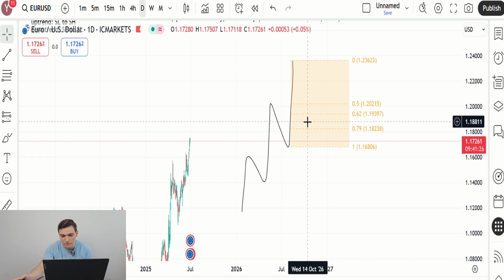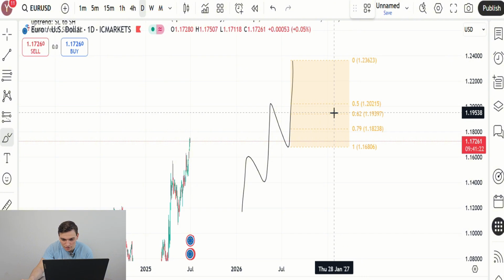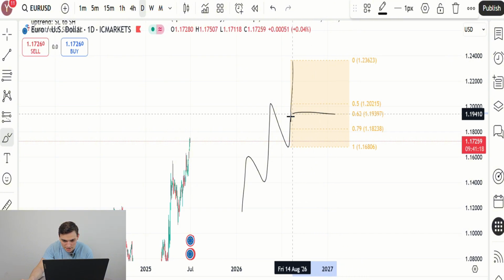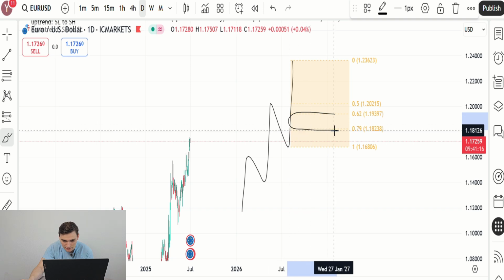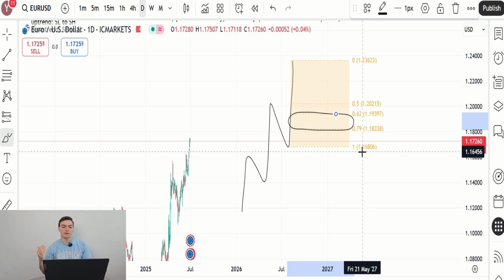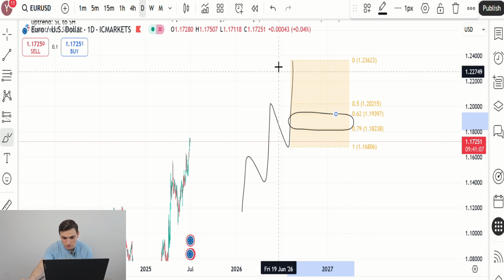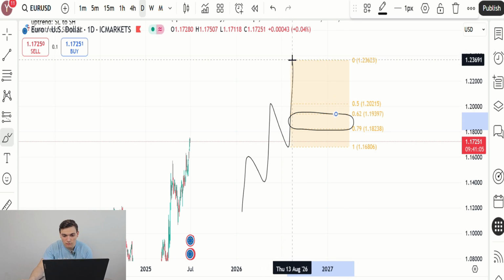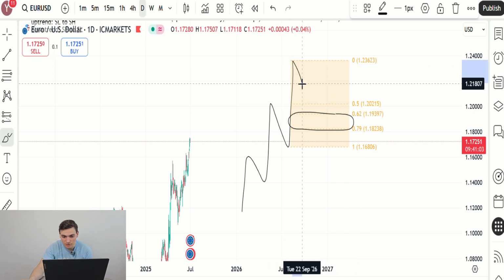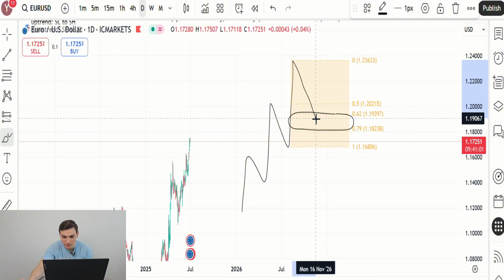But yeah, the OTE is everything in this area, and it's where the retracement is most likely to go to. So from here, most likely the pullback is gonna go to here.